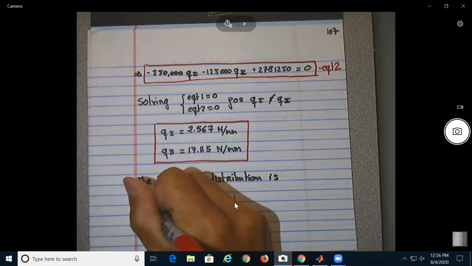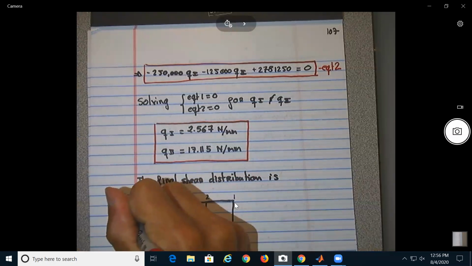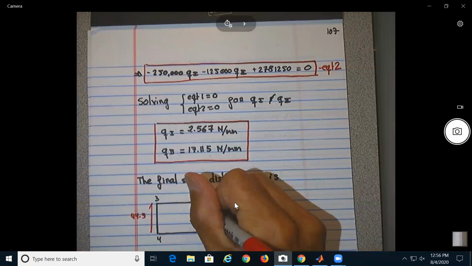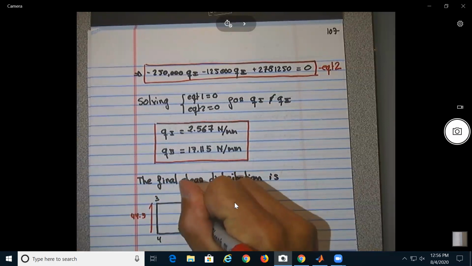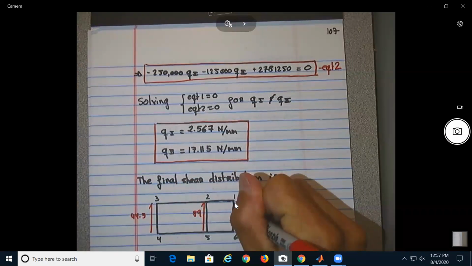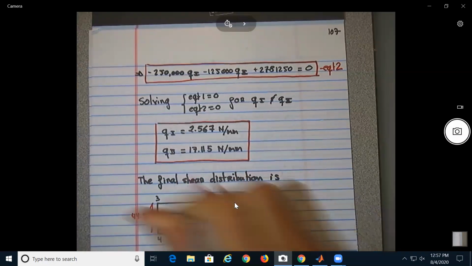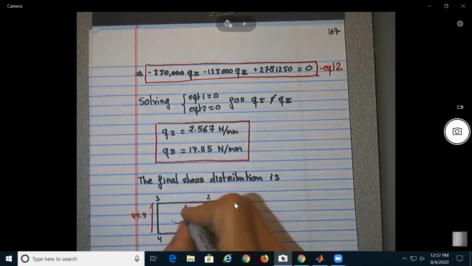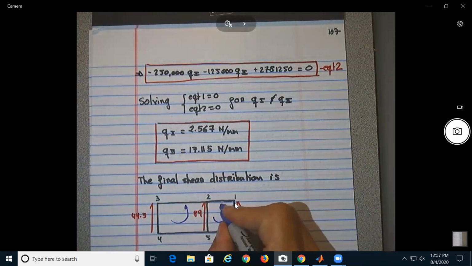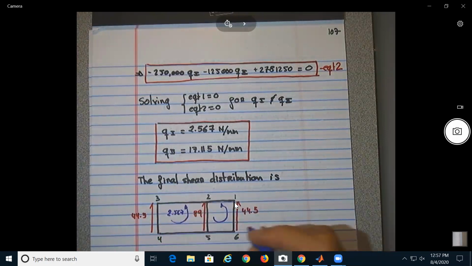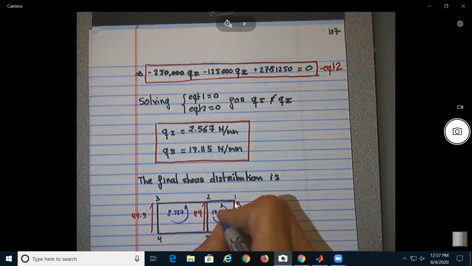We know this is 44.5, 89, 44.5. This is 2.567 and 17.115.